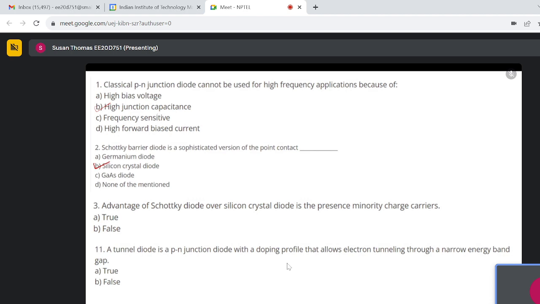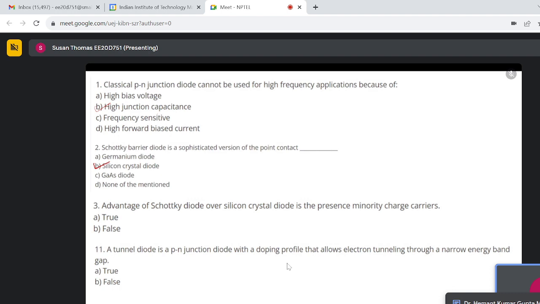Coming to the third question: the advantage of Schottky diode over silicon crystal diode. Is it the presence of minority charge carriers? Or I can say, is there minority charge carrier flow in a Schottky diode?